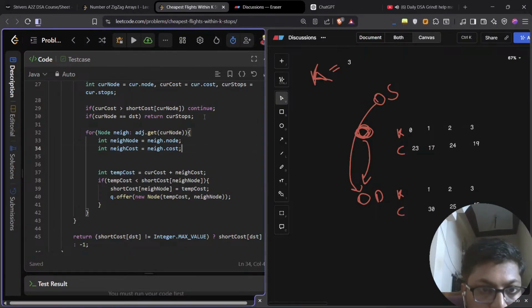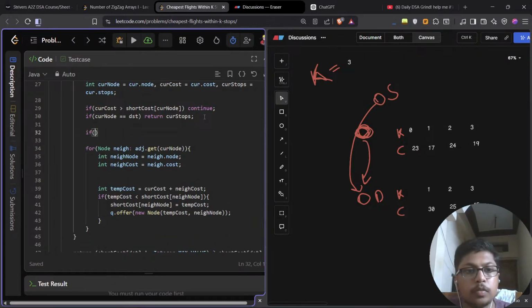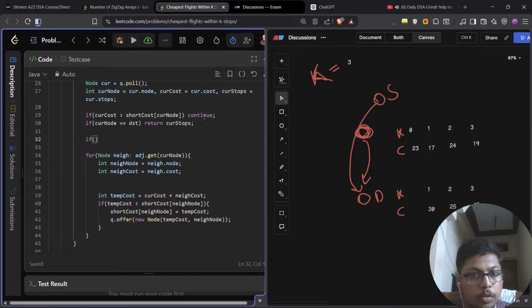Let's say my cost is much greater, right? So the number of stops, correct?